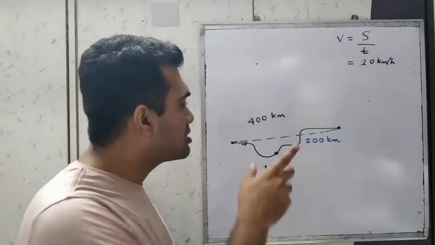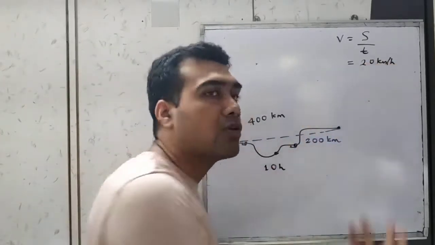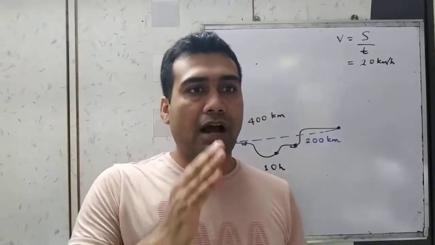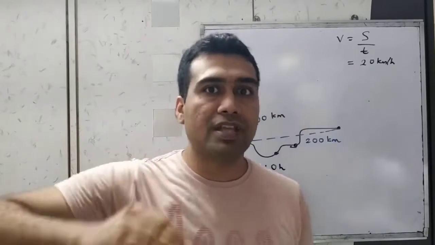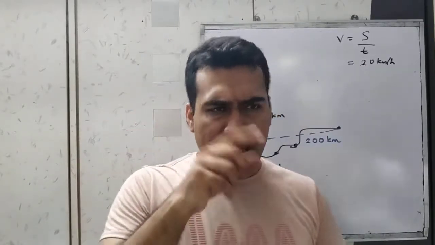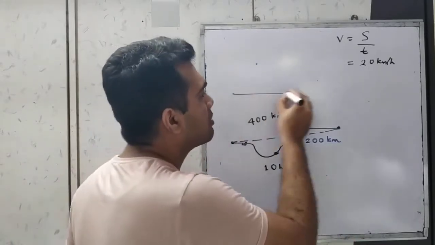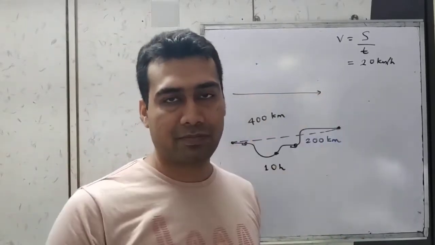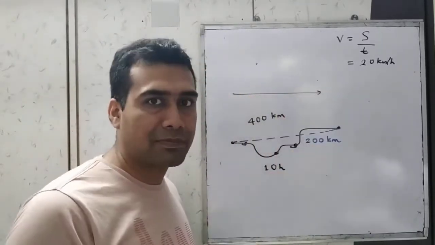So the instantaneous speed is different from the average speed. On average, the velocity is 20 kilometers per hour. But if I check after every half an hour, the velocity will be different. It won't exactly be 20 kilometers per hour every moment of the journey. Yes, the instantaneous speed can be equal to the average speed if an object is moving with uniform speed. Uniform speed means it is covering equal distances in equal intervals of time.